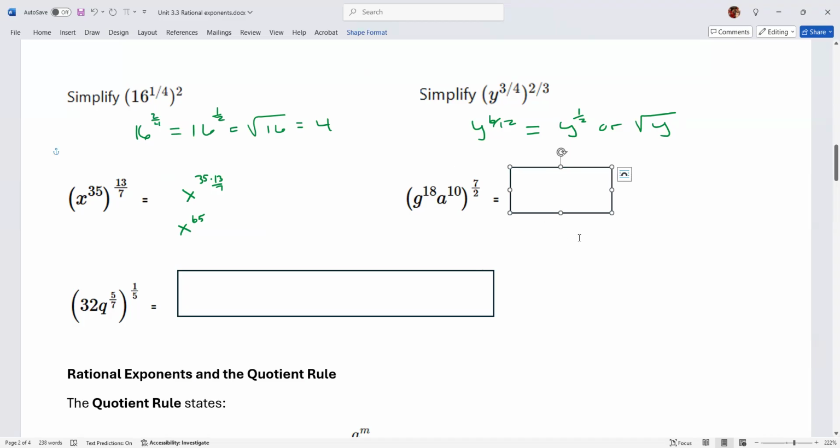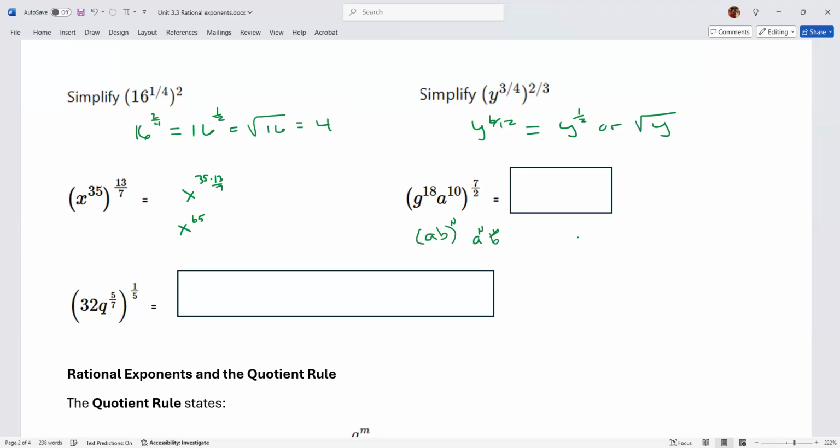Now, I am applying a rule here that I guess they haven't talked about. So let me write this rule out real quick. I think I have it written later, but I'll do it again now. If I have multiple things being raised to a power, then I distribute that exponent onto everything on the inside.